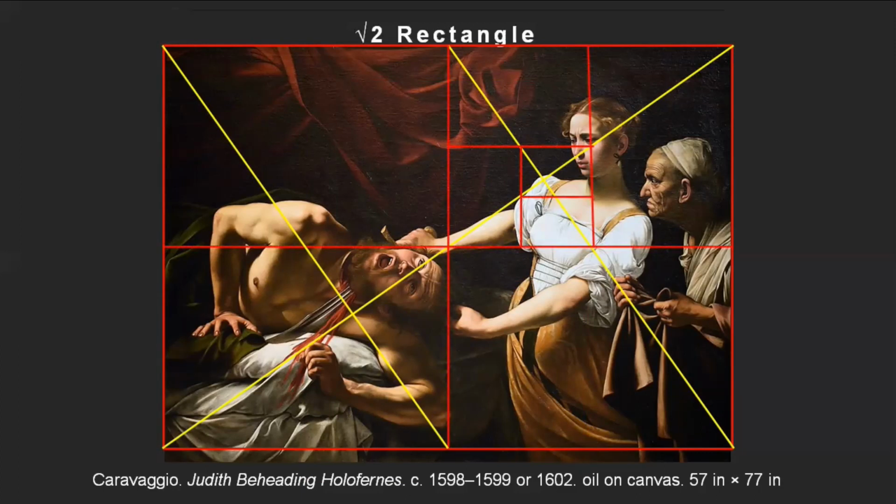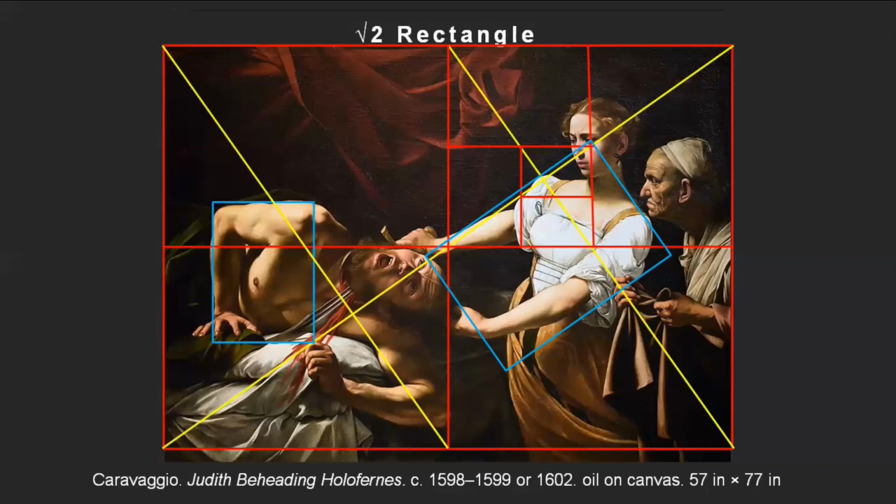If I use our diagonals and transverses to help me find the proportional breakdown of this rectangle, this helps me see the way that Caravaggio has arranged different sizes within the picture plane. For instance, here, the size of this shape, which is created by the light cast on Judith, is a repetition of the size of the proportional break in the top right corner.